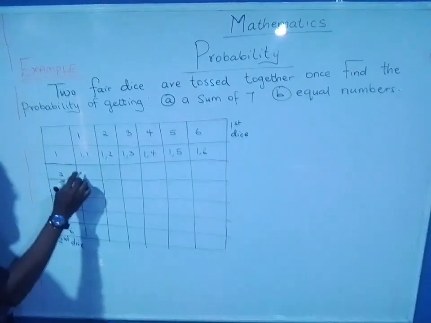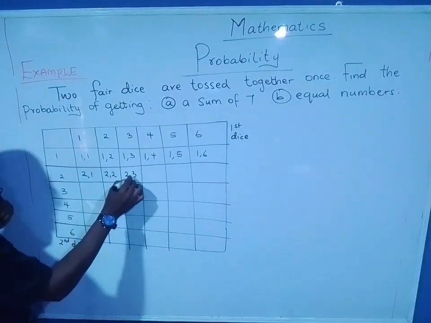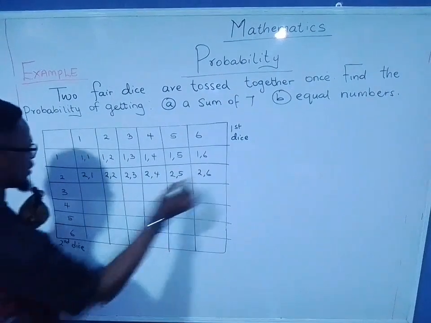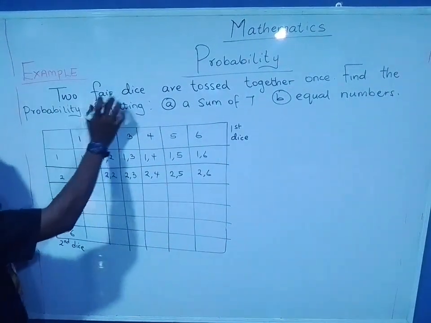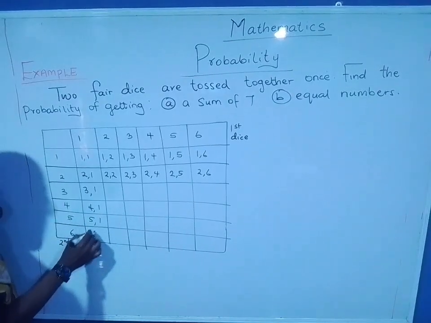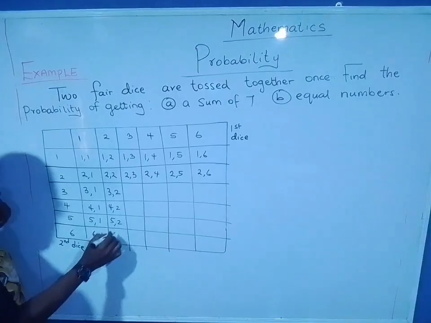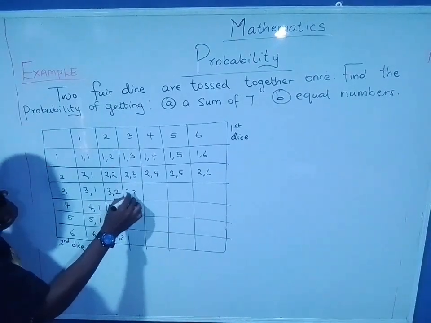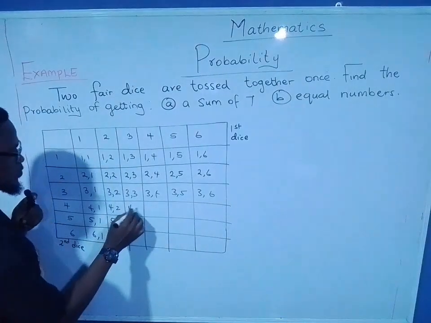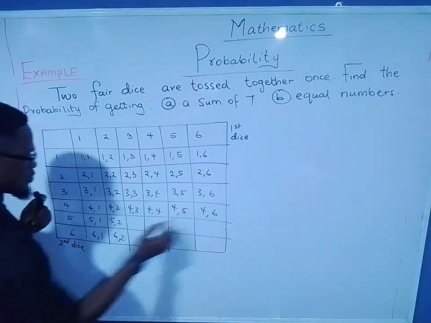So this one will be what? 2, are you seeing the combinations? So this is the table for two fair dice. Let me finish the table. You have something like this. 4,3, 4,4, 4,5, 4,6.